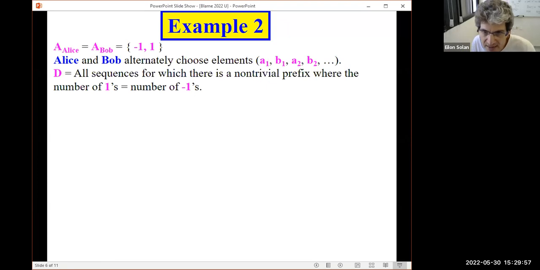So I rephrased my problem and set D to be all sequences for which there is a non-trivial prefix where we reached the origin. So the complement of D, the set of bad sequences, is all sequences in which we never reach the origin. Our random walk never reaches the origin.